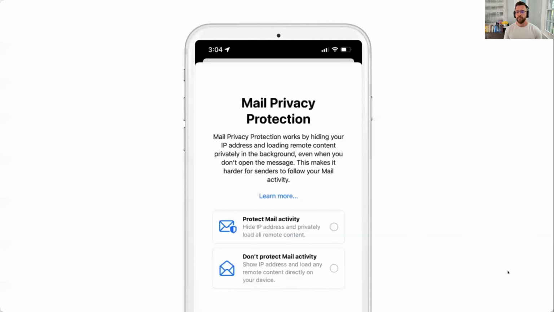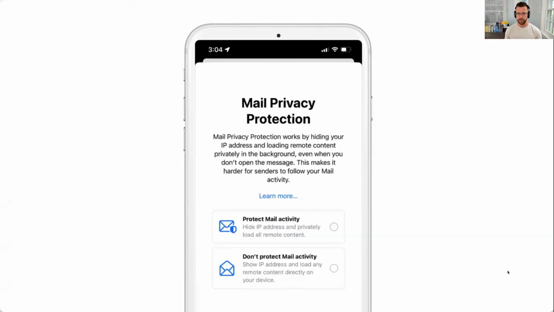Now, a couple of things to keep in mind here. We've had two major changes from a metrics perspective inside of our industry that are really important to understand when we look at how our campaigns are performing. The first of which is mail privacy protection, or MPP for short.